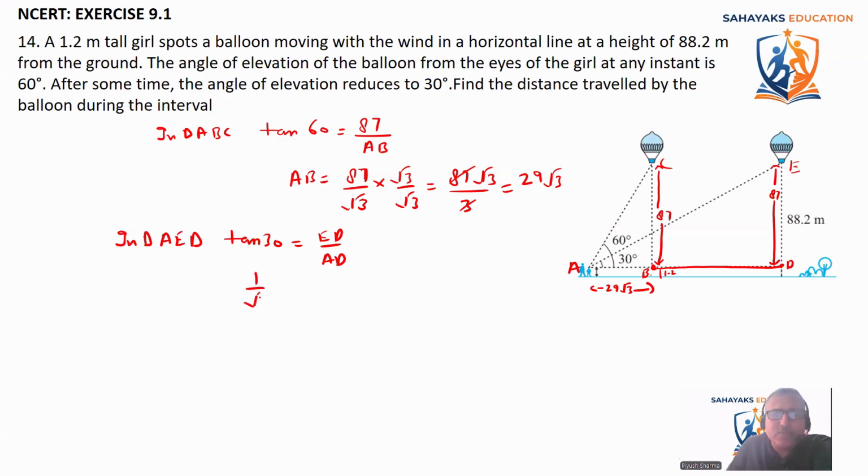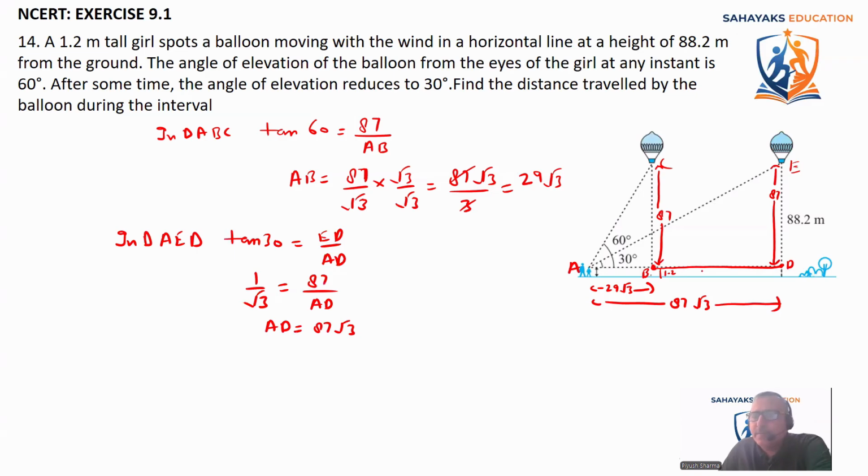So 1 by root 3 is equal to ED, which is 87, divided by AD. AD we don't know, so we'll write AD as this. So what is AD? AD comes as 87 root 3. So this complete distance is 87 root 3.